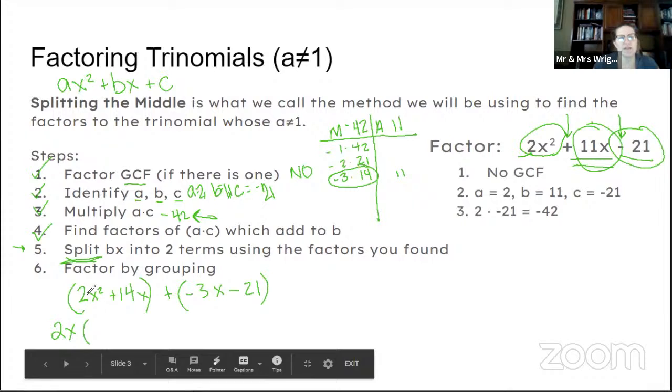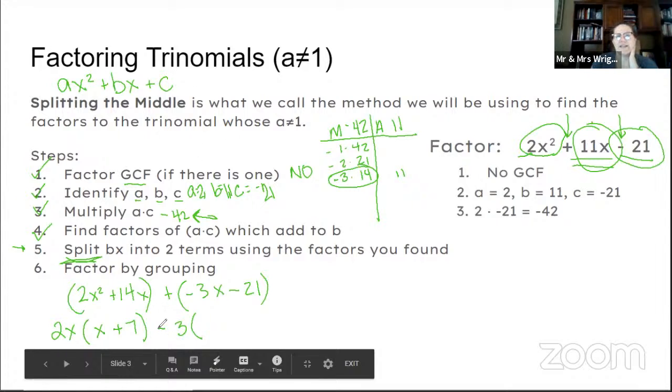Well, 2x squared, take away a 2x and I'm left with just an x. 14x and take out a 2x and I'm going to be left with just a 7, right? So when we look at this one, I can take out a negative 3. Okay, so my positive right there, I didn't just drop it. When you add a negative number, that's the same thing as just subtracting 3. Okay, so I didn't just drop my plus sign all willy-nilly.